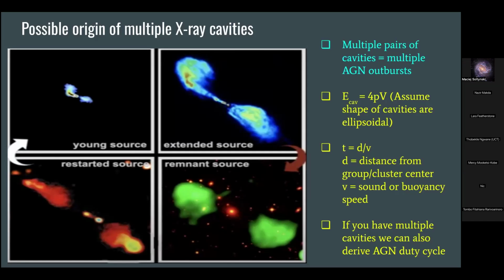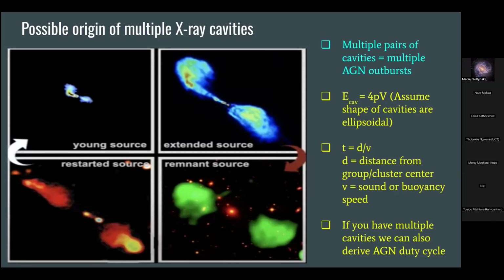Sometimes they are on and sometimes they are off. Because of that, for each outburst, one pair of X-ray cavities is formed, so that we get multiple X-ray cavities, just like we see in double radio galaxies. This is recurring jet activity. Because of that, we see the multiple X-ray cavities.